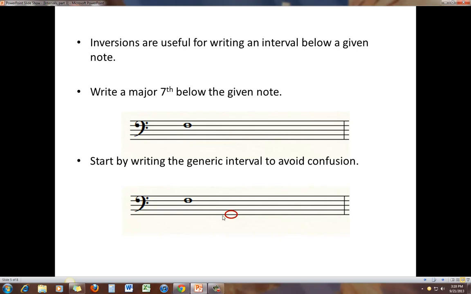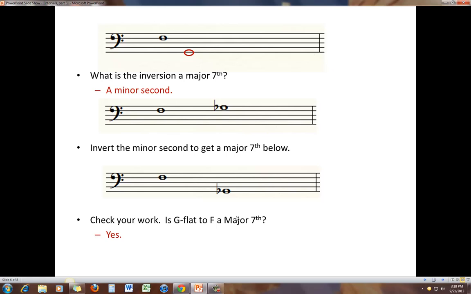So you know that in the end you have to have a G, and it has to be in this octave. The next question I ask myself is, what is the inversion of a major seventh? It's a minor second. So what is a minor second above F? G flat.